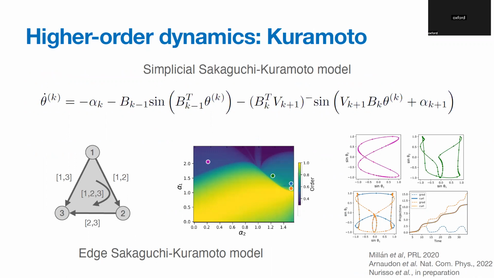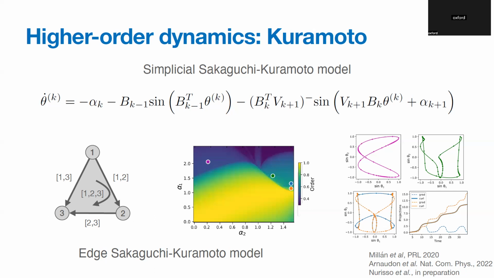There have been many extensions of traditional, well-studied models to higher-order and simplicial models, like SIR-type dynamics, like the simulation model by Petri and colleagues. And of course, the Kuramoto model, the quintessential synchronization model, or model that you use to look for synchronization.